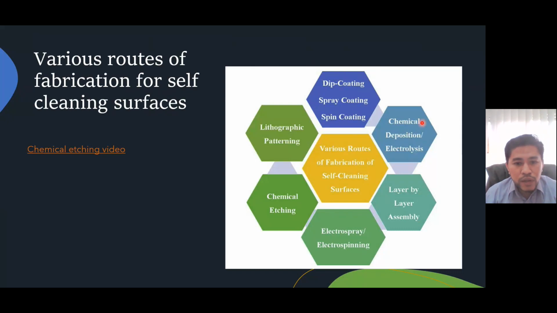We have chemical deposition, electrolysis, layer by layer assembly, electrospray, electrospinning, and we have chemical etching, also known as chemical milling or photo etching, a subtractive sheet metal machining process which uses chemical etchant to create complex and highly accurate precision components from almost any metal. And then we have lithographic patterning. It is a method of transferring a two-dimensional pattern to a flat substrate.